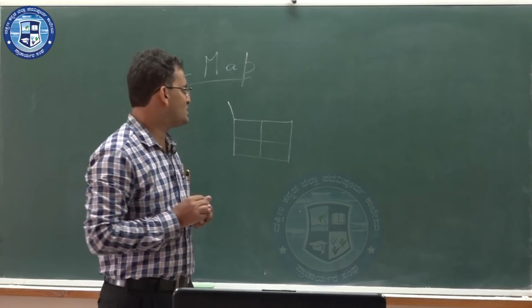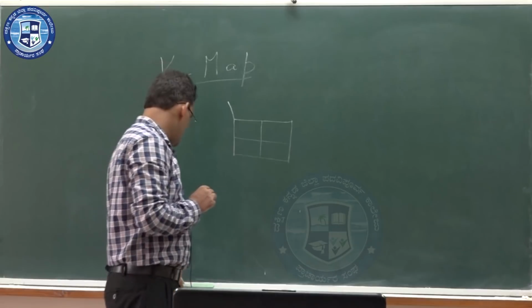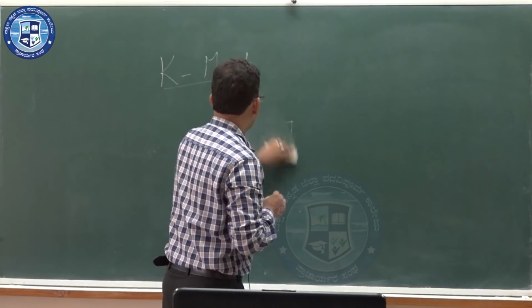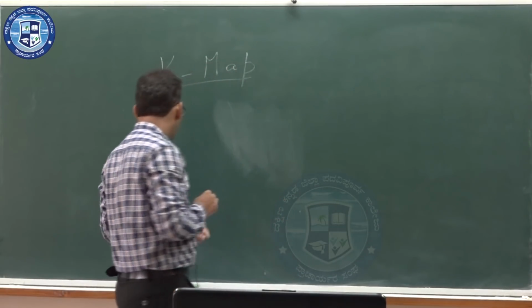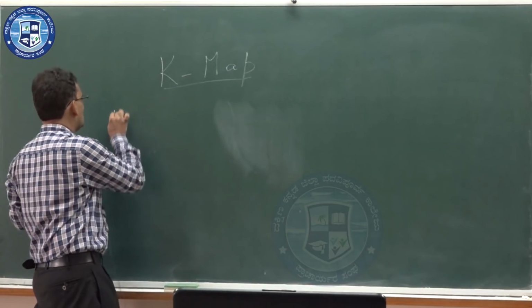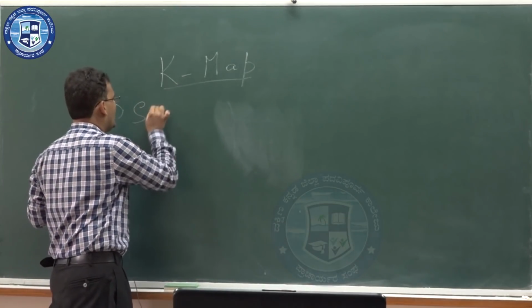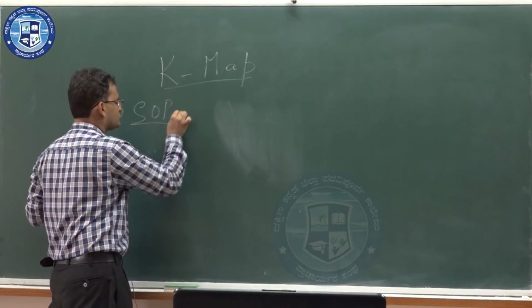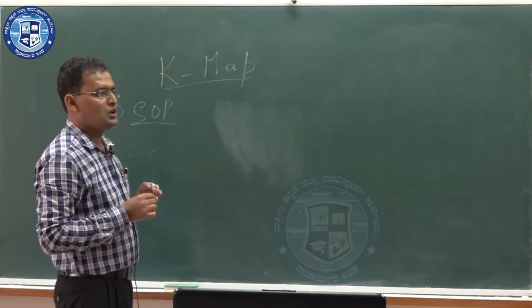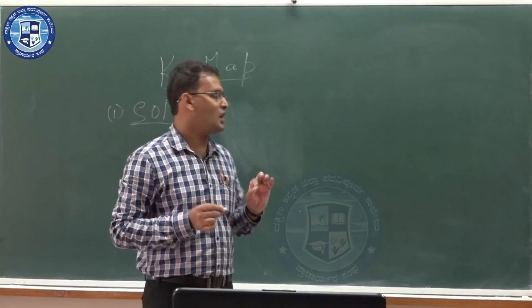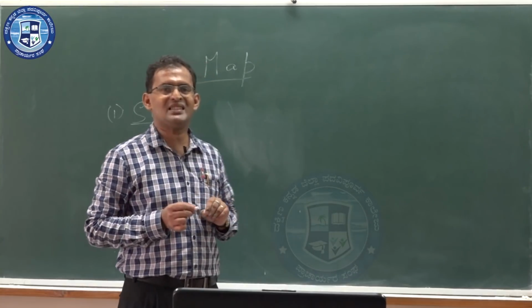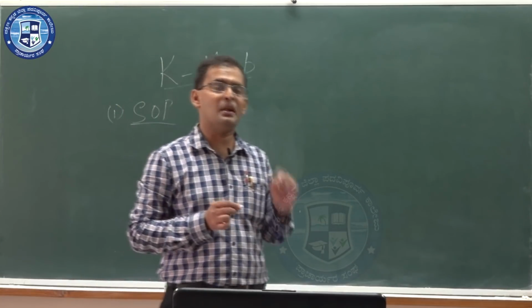Okay. First, K-map for SOP. Now, K-map for SOP, where each square in the K-map represents a min term number.